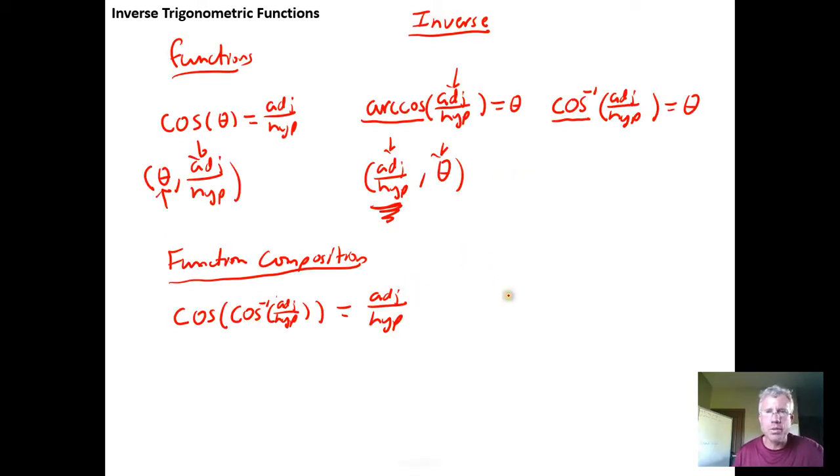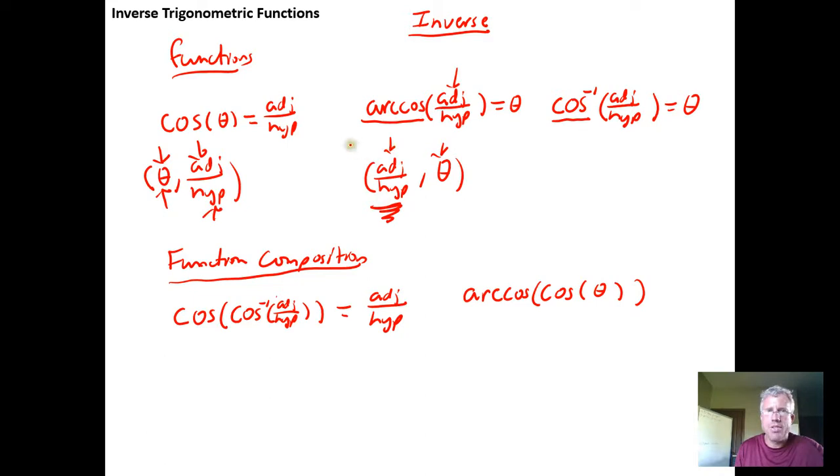We could also look at doing the function composition in the other direction. So we could say, what if we took the inverse function, let's use the arc cosine name this time, and we input into it the cosine function. Well, the cosine function requires that it be given an angle as the input. It's going to generate a side ratio.